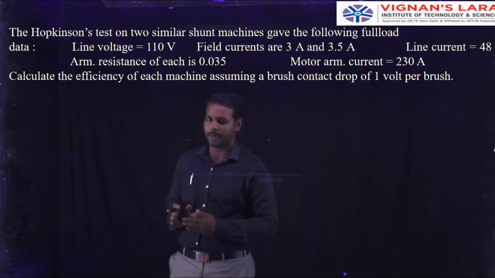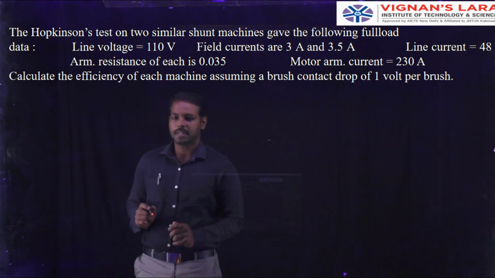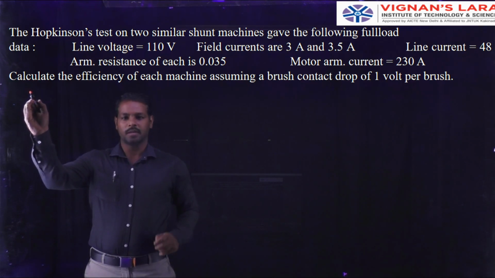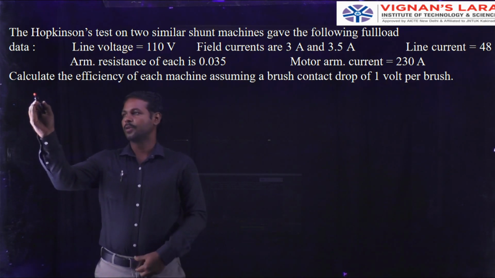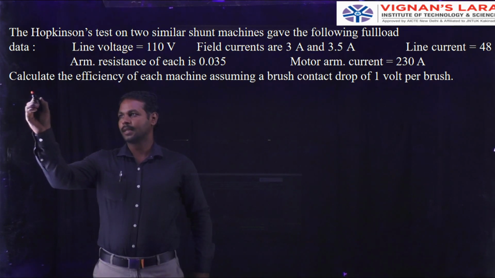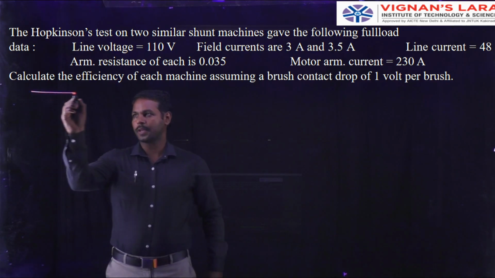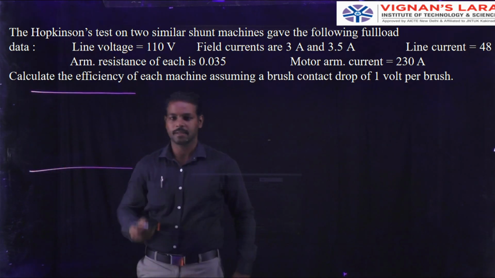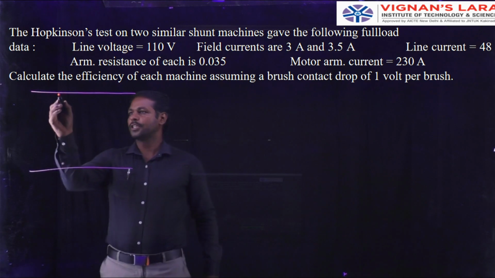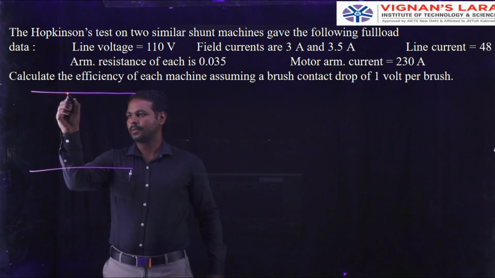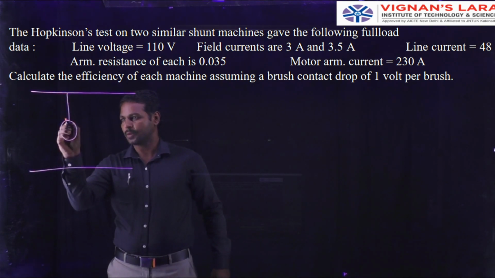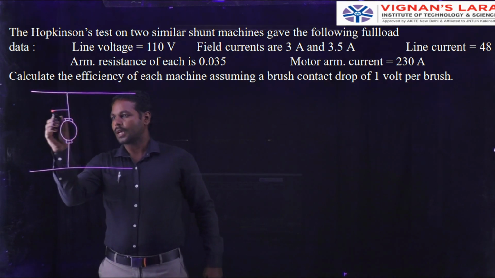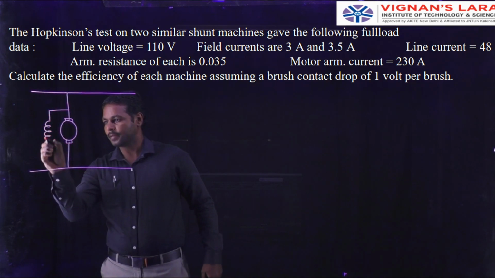First of all, we can draw the circuit diagram of a shunt motor operated on Hopkinson's test. First one is the supply voltage, which is connected across the motor armature and across the field winding.